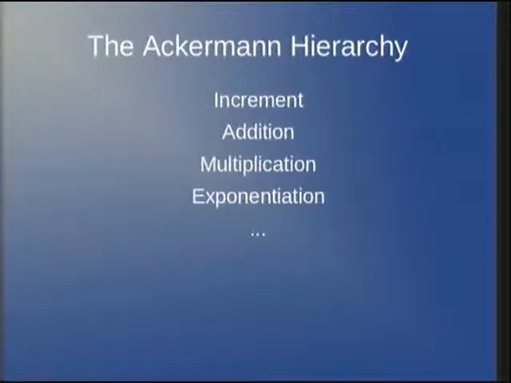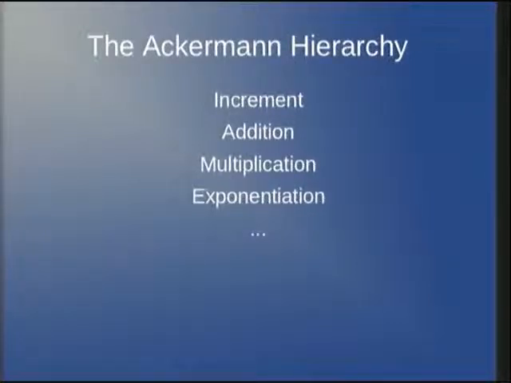He started out with a sequence of operators. Increment is just take the next, the sequence function, counting, 1, 2, 3, 4, 5. Addition is iterated counting. If you add 5, you just count by 5. Multiplication is iterated addition. Multiplying by 5 is adding 5 times.